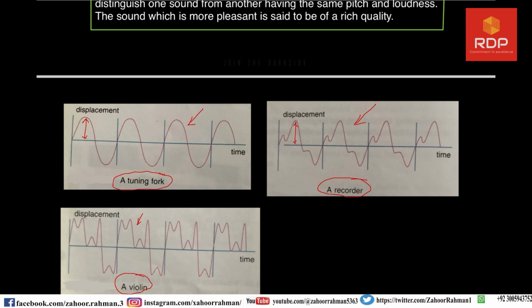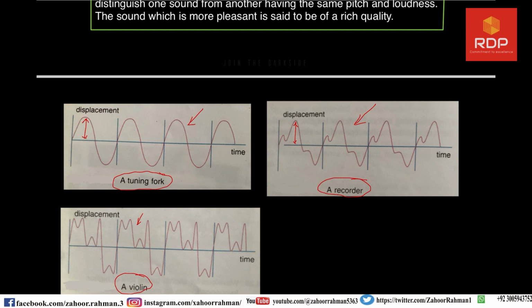You will understand that this is the sound of a violin because it has one quality, and this is the sound of a trumpet that is of another quality. So the same note played on different musical instruments sounds different, although the frequency and amplitude are the same.